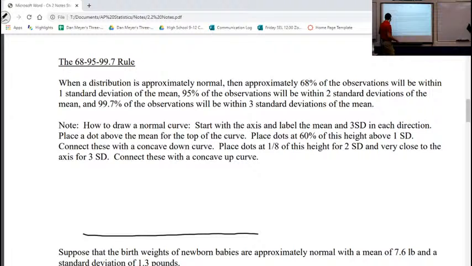So we have a 68, 95, 99.7. Let me see if I can do this here. So there's my normal curve.